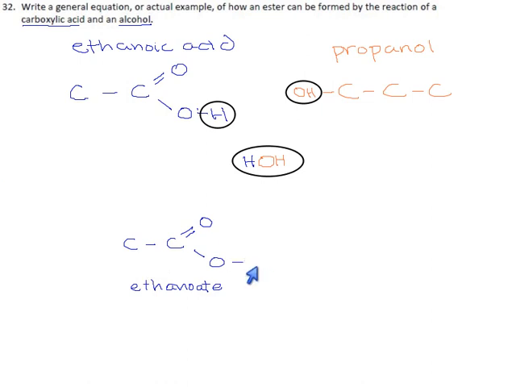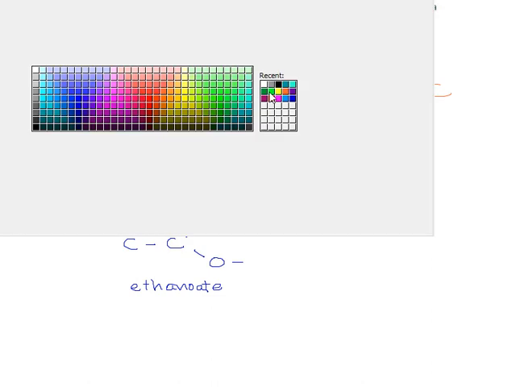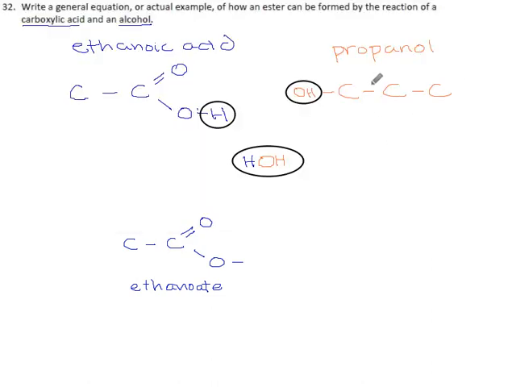There's an empty space here where it seems like there should be something connected. Right next to it, we have the alcohol, which just lost its hydroxide, so it looks like C, C, C. And it's got a gap here where it feels like there should be something connected. And this is a propyl group?